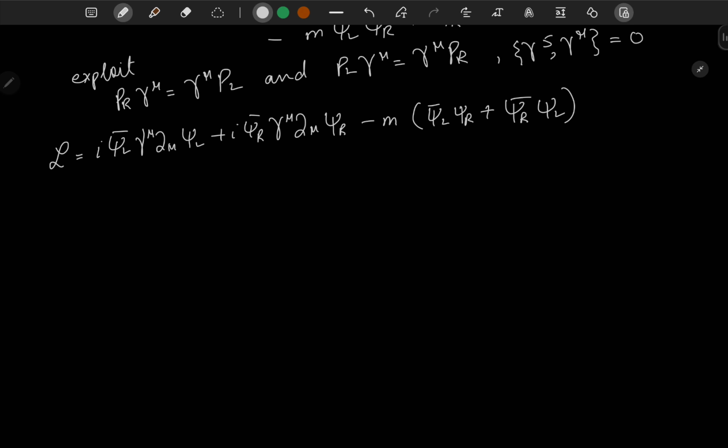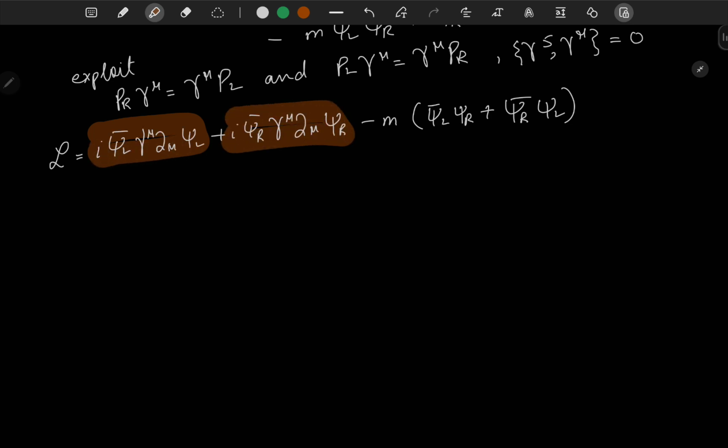Here we can see that the first two terms are decoupled, whereas the third term, which is the mass term, mixes left and right components.